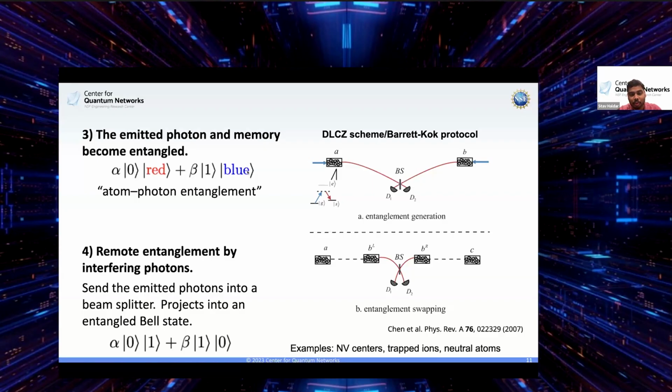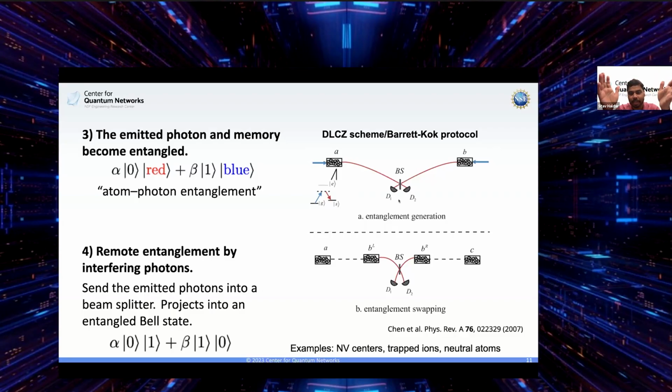I want some way to entangle two far apart people, right? This is just the photon coming out of the atom, which is entangled, and now the photon can move far away, right? Now, if you have two such systems, one on the left and one on the right, as you see in this figure, A and B, and each of them is emitting a photon, which is entangled to A on the left, and the right photon is entangled to B, and then you merge them or you interfere them at a beam splitter, right?